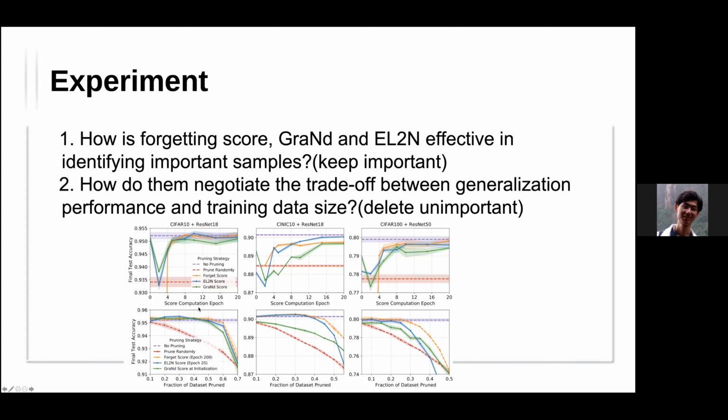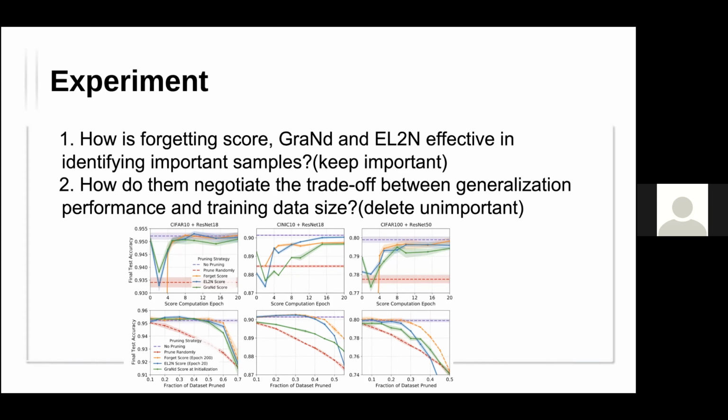Here is the problem, so maybe I'll raise a question first. You have mentioned that whether a sample is important or not is the nature of the data set instead of the model architecture, right? But for both gradient norm and EL2N, they calculate the score based on the loss function, which means that the score is more model dependent.